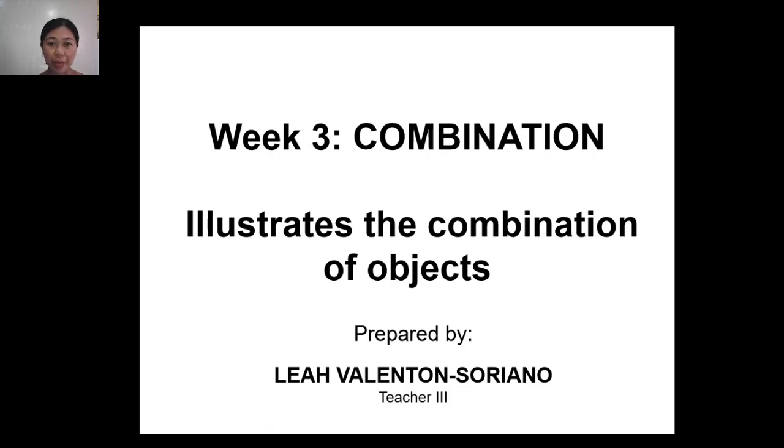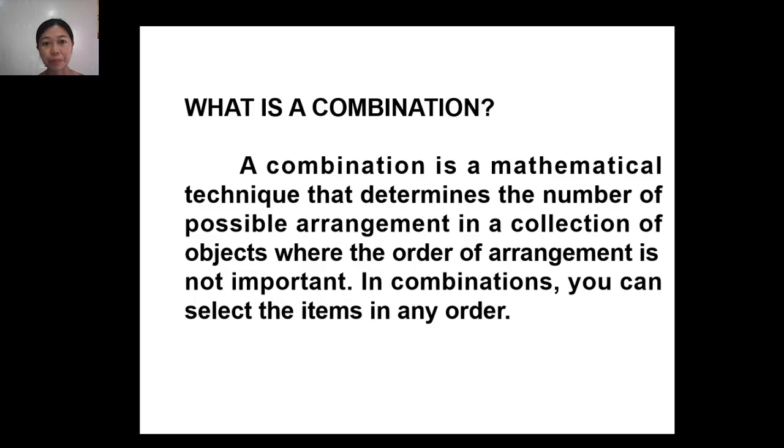So what do we mean by combination? Let us have first the definition of combination. Combination is a mathematical technique that determines the number of possible arrangements in a collection of objects where the order of arrangement is not important. In combinations, you can select the items in any order.